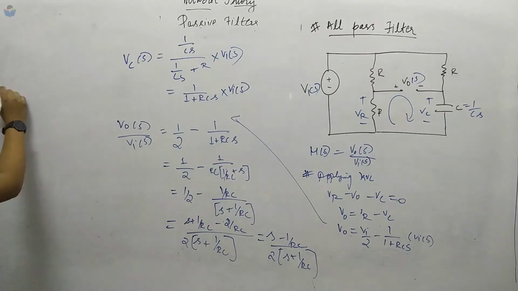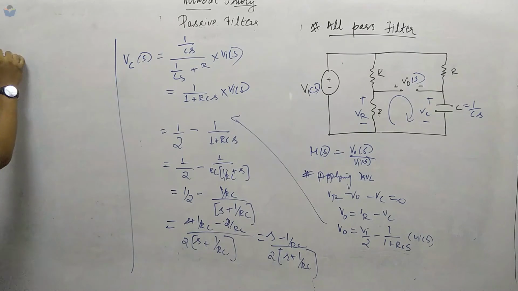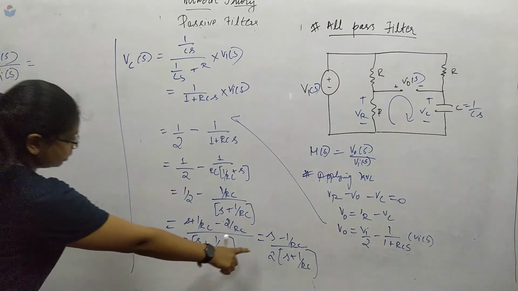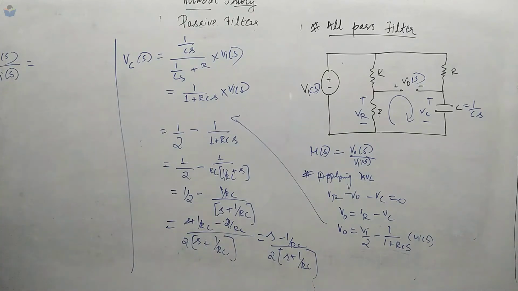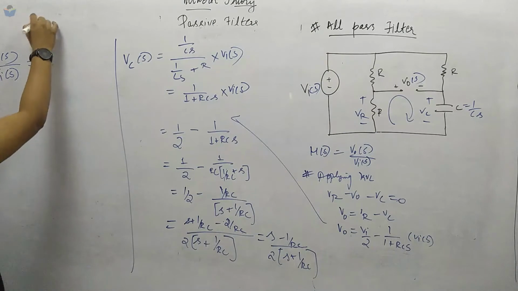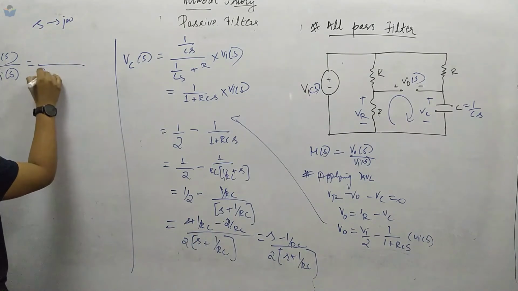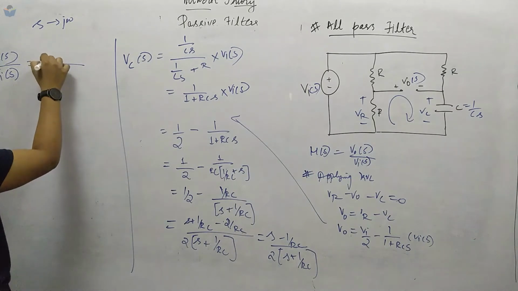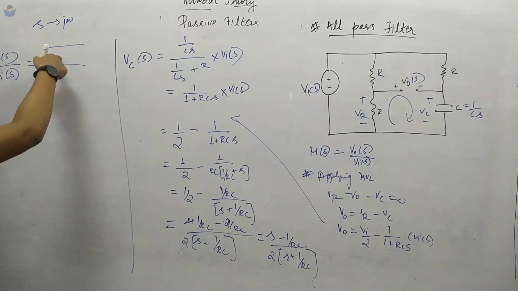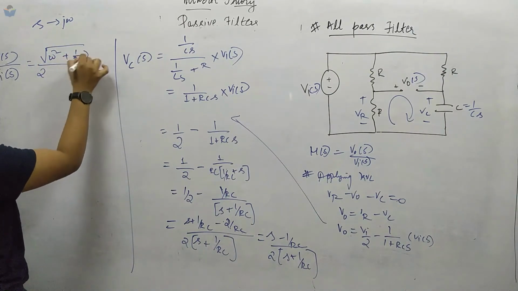Now I can just separate it over here. V0 of S by Vi of S equals, okay, this magnitude, how will I take the magnitude? Put j omega, you will get S equal to j omega. Substitute this in the equation. Let the 2 be outside. If I take the magnitude, since up top there is also an S term, I can take the magnitude over here, plus 1 by RC whole square.